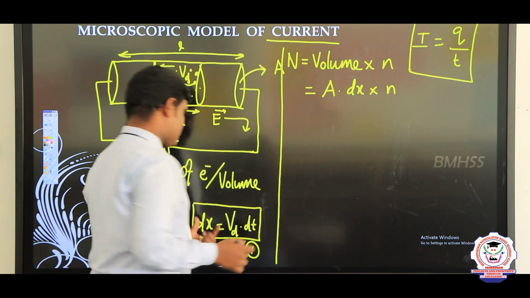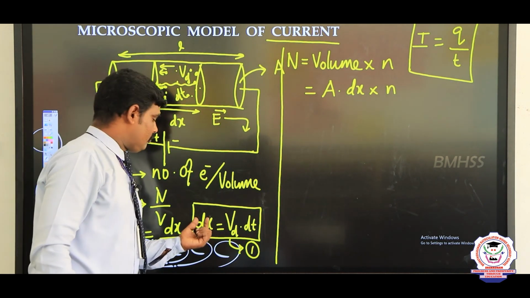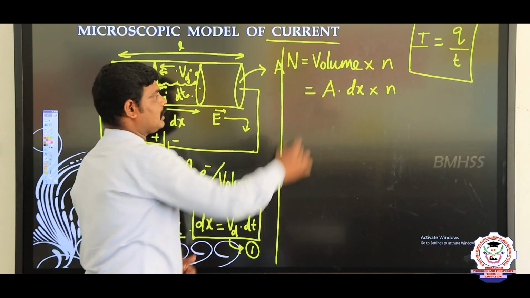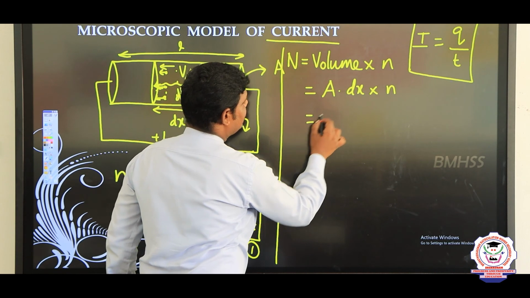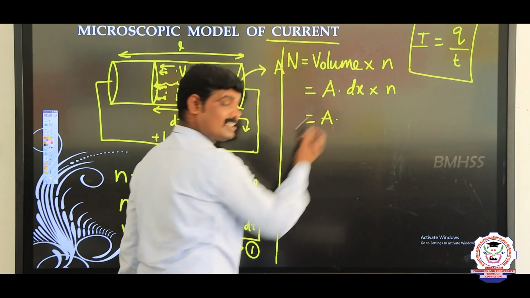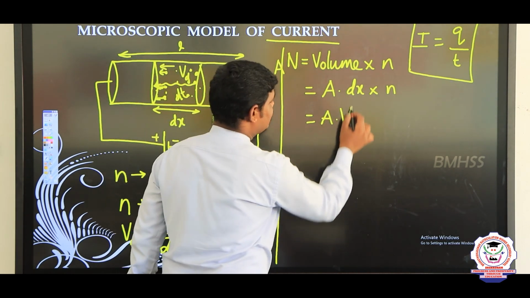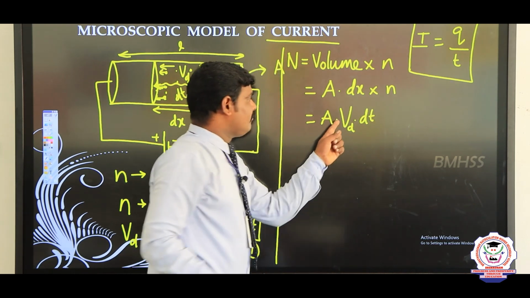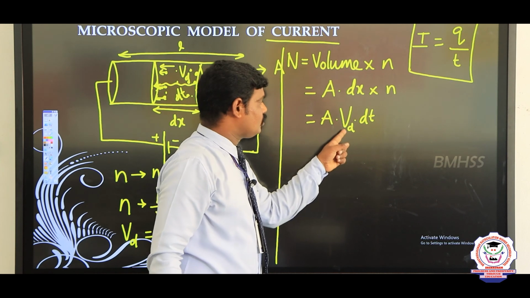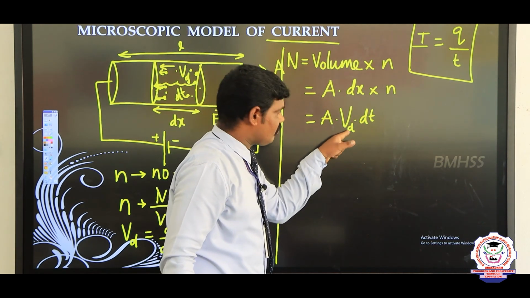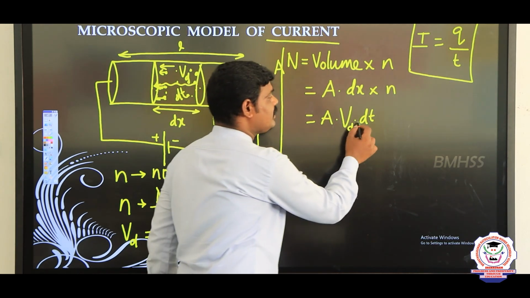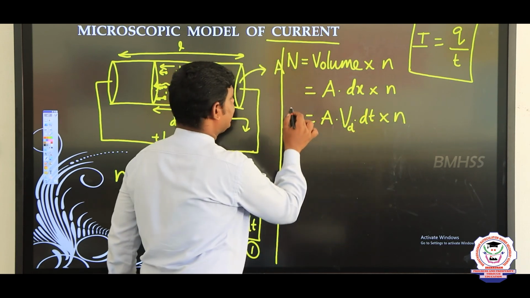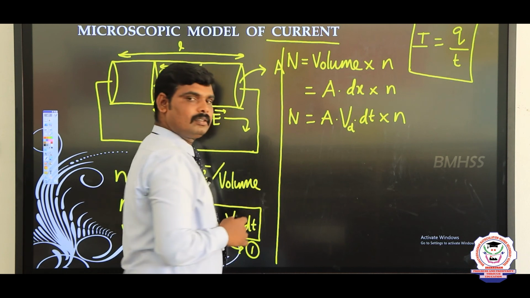But from the first equation, dx is equal to Vd into dt. So substitute here: A into Vd into dt into n. Here Vd is the drift velocity, so d should be written as a suffix only.